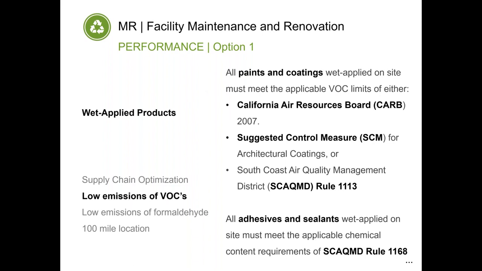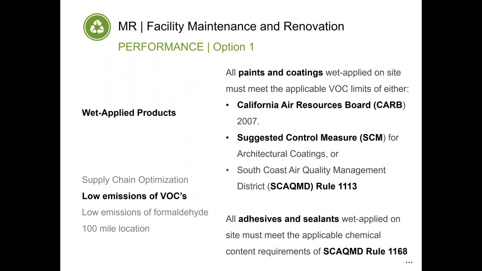For wet applied products, there are different categories of products and what VOC criteria they're compared to. So for wet applied products, your paints and coatings, adhesives and sealants, things like that, we're going to review those. Paints and coatings meet one of these following VOC limits: California Air Resources Board, so CARB, Suggested Control Measure, or SCAQMD Rule 1113.